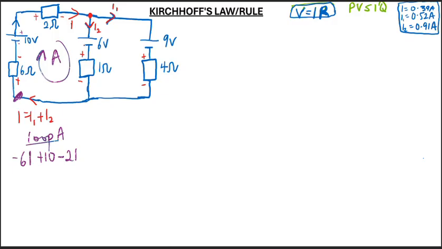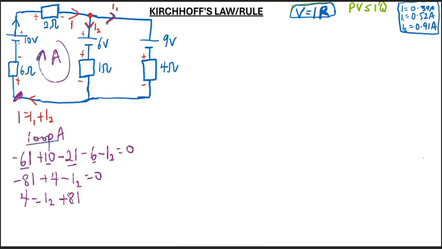Now we have a voltage here, so moving from positive to negative, that's -6, and moving from positive to negative, that's minus I2, because this is 1 times I2, which equals 0. By the time we resolve this, we have -6 and -2, that's -8I, and 10 minus 6 gives you +4, and I2 minus I2 equals 0. By the time we collect like terms, you have 4 equals I2 plus 8I, and that is it for the first loop.